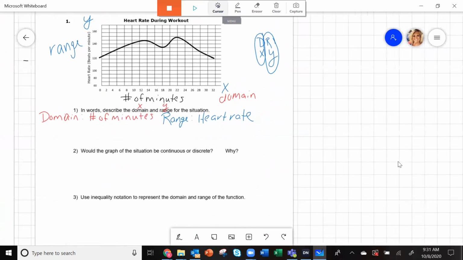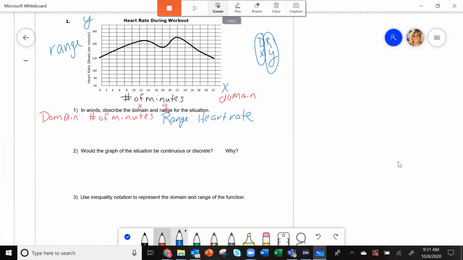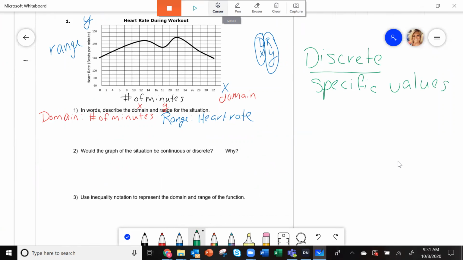When something is discrete, it is specific values. It can only be certain numbers. If we're talking about people, just because you're short doesn't make you a half of a person. You're either going to have 1, 2, or 3 people.